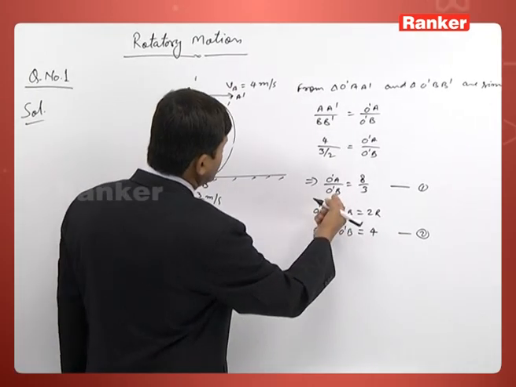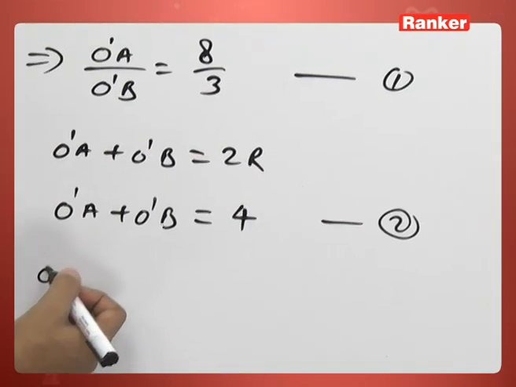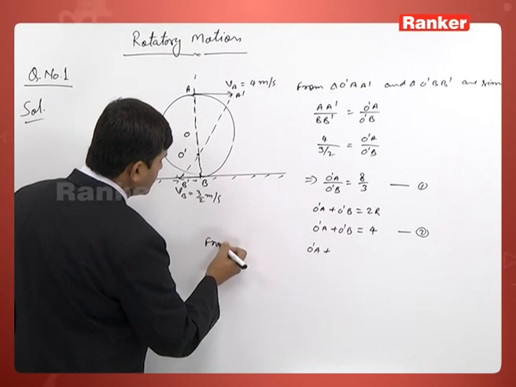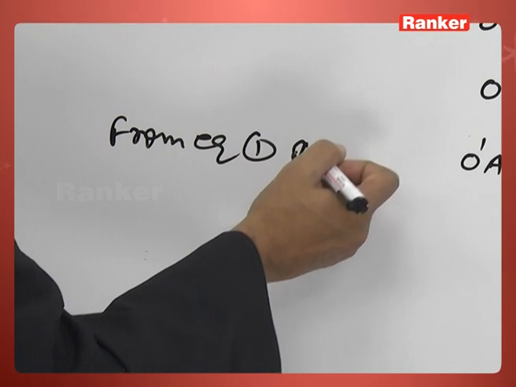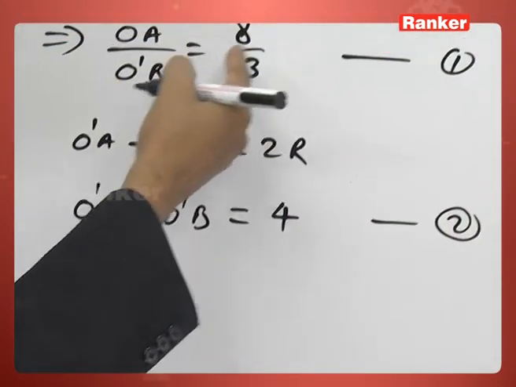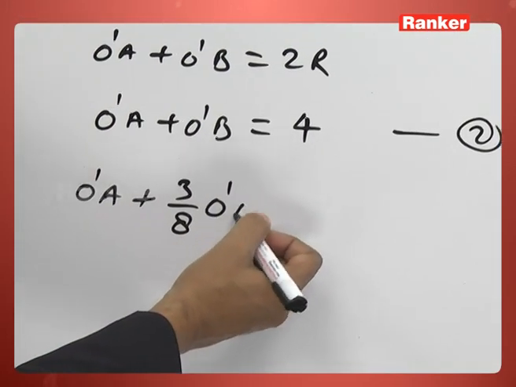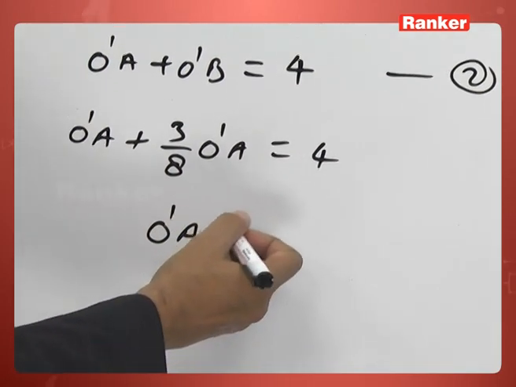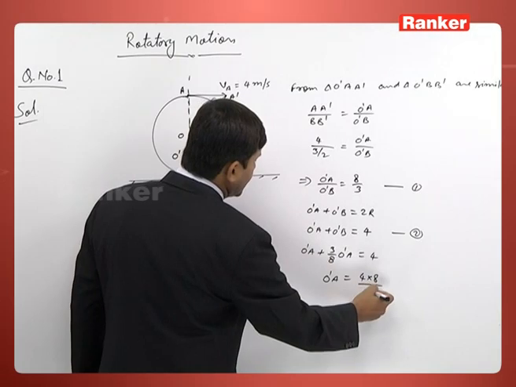Now we can substitute the values. Suppose we want to find O dash A. From equations 1 and 2, O dash B can be written as 3 by 8 O dash A, so the sum is 4, and O dash A is 4 into 8 by 11.